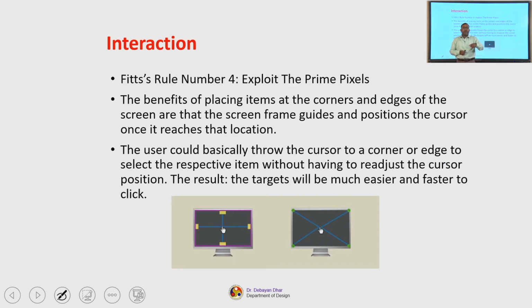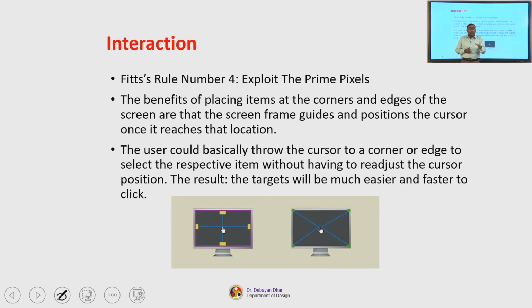Fitts rule number 4, exploit the prime pixels. You can see in the image which are the prime pixels, and you must have also seen them during the eye movement recording study. So, the benefit of placing items at the corners and edges of the screen is that the screen frame guides and positions the cursor once it reaches that location.